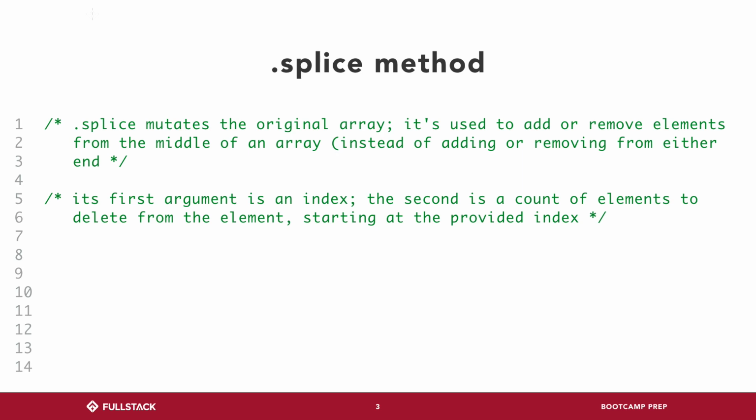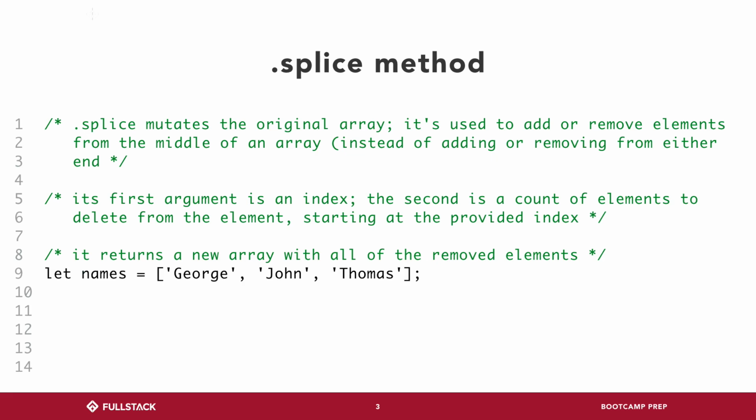But you can put in 0, so you're not actually removing anything. The third argument, or as many arguments as you want, is what you want to put in. Then it will return an array with all of the removed elements, so you can capture that and use it later if you would like. It will mutate the original array and then return all of the things that you removed. If you passed in 0, it'll return an empty array.